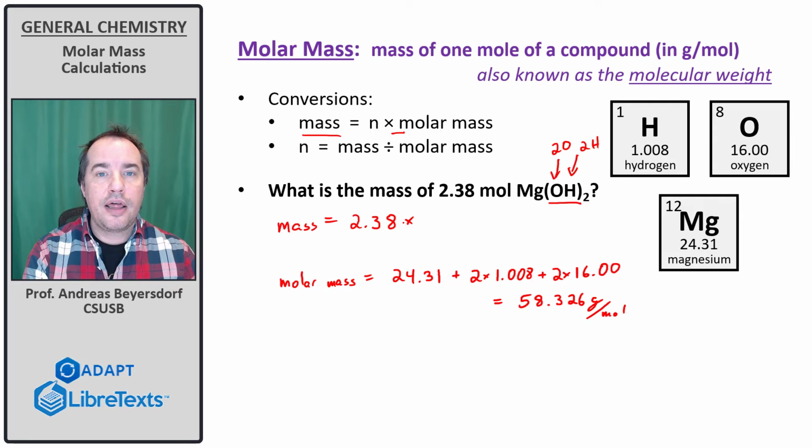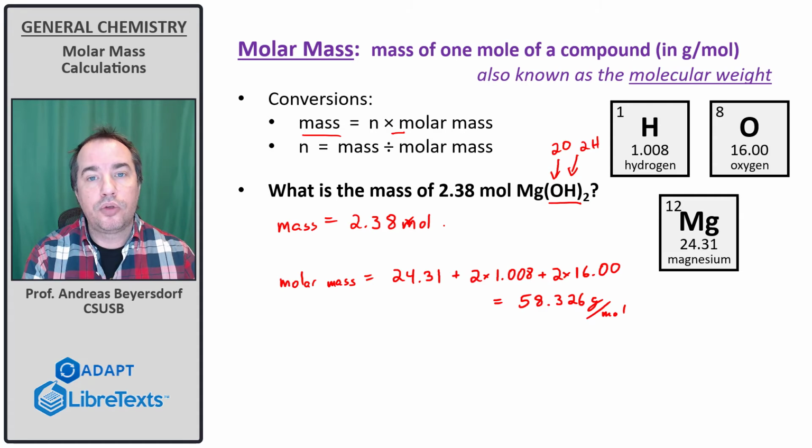So I can take the 2.38 moles, I can multiply that by 58.326 grams is 1 mole. And that will get me my answer. The moles will cancel out, and that's going to leave me with 139 grams.